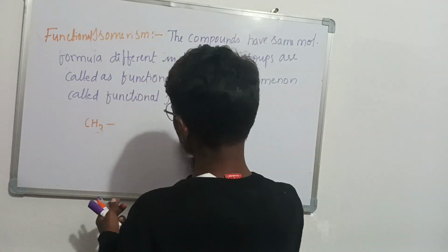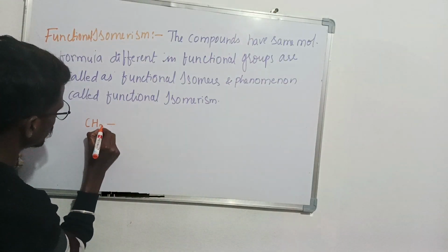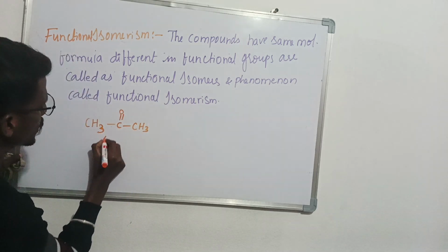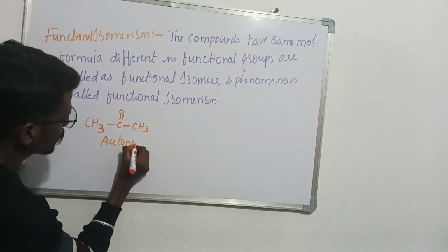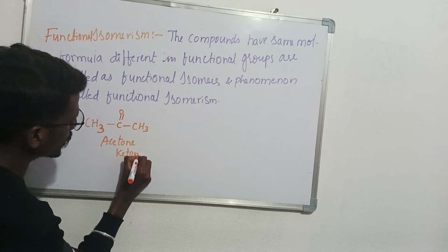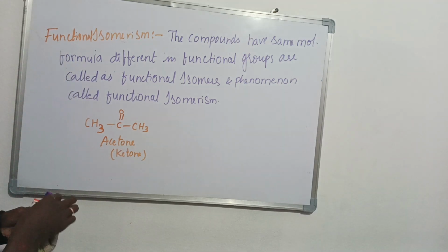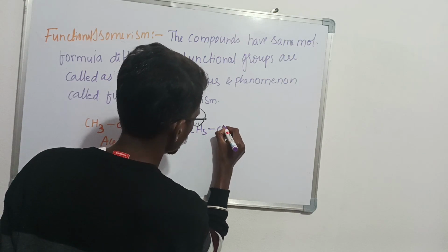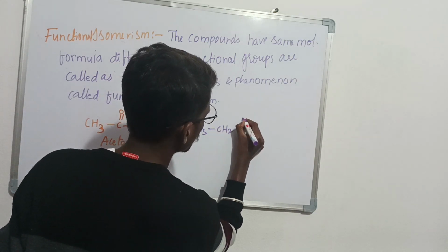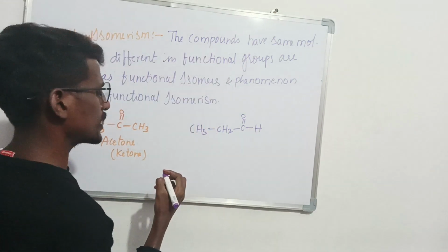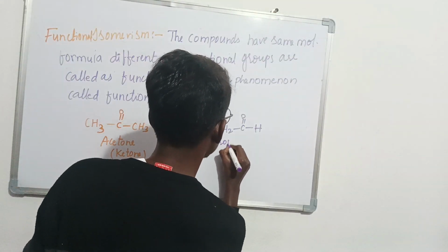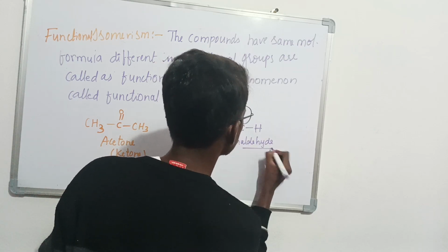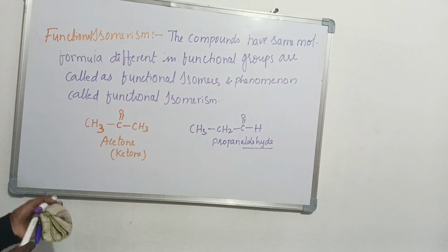That is CH3 C double bond O CH3, which is acetone, and a ketone functional group is present. Then one more, CH3 CH2 C double bond O H. What is this? Propanaldehyde. An aldehyde functional group is present in it. What is the formula?